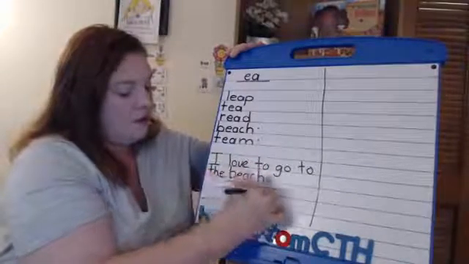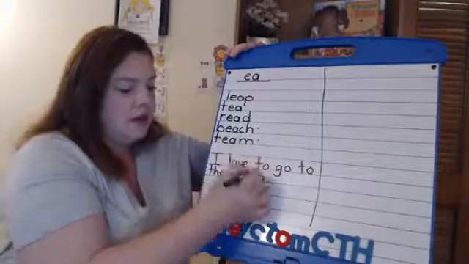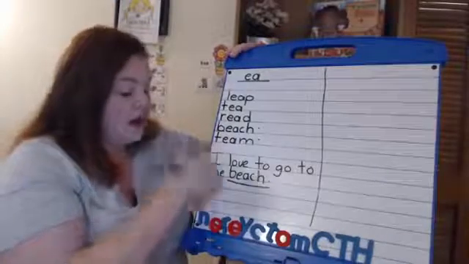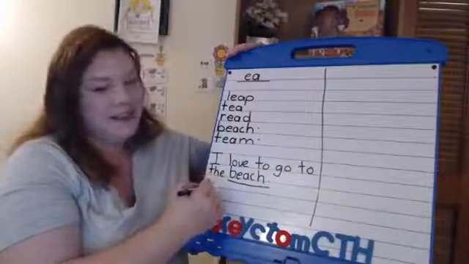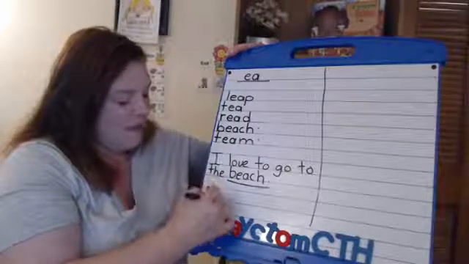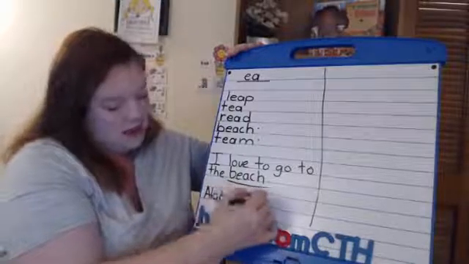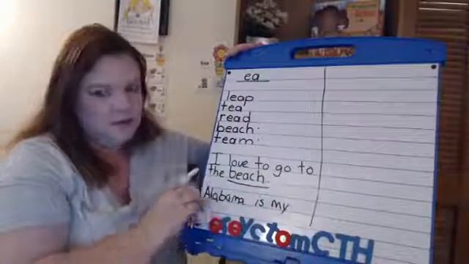And I'm going to underline the word beach because that's the word that has the EA in it. Now, team, I'm going to write, and this is not going to be popular, but it's the truth. Alabama is my, I'll have to move some of my letters.